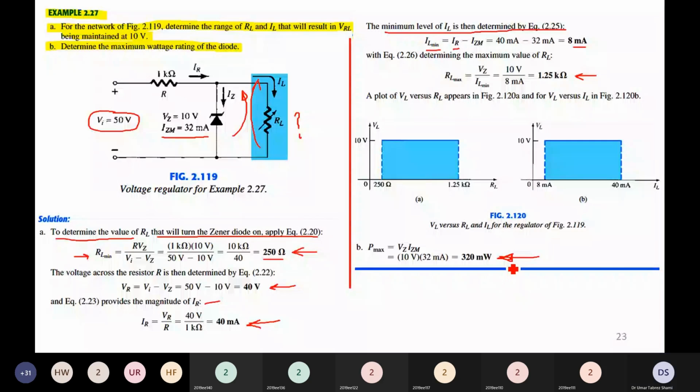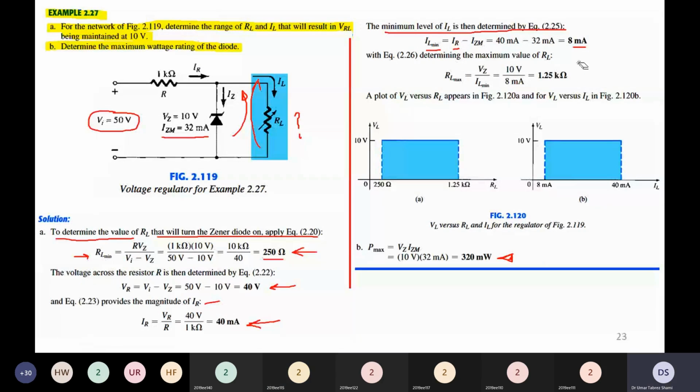Excuse me, sir. Yes. Sir, let's analyze our circuit with a load resistance of 200 ohm, or less than the value 250 ohm. Okay. Sure. So the question is, what will happen to this circuit when we use RL less than 250 ohms, correct? Yes, sir.